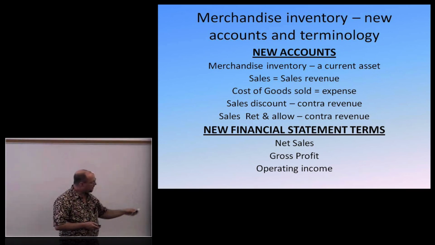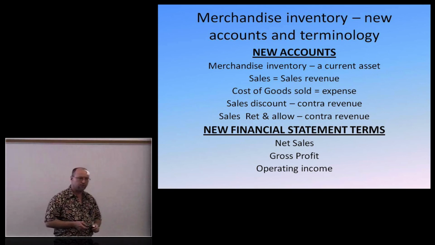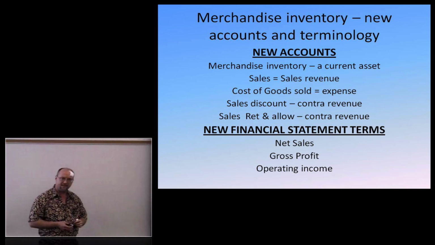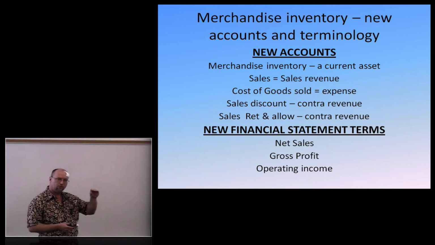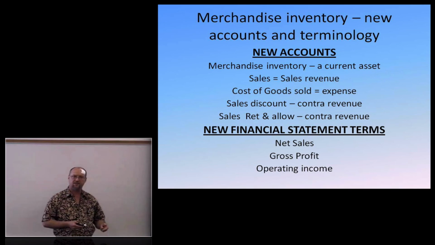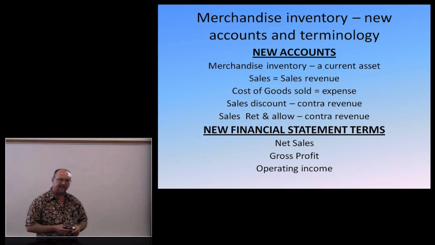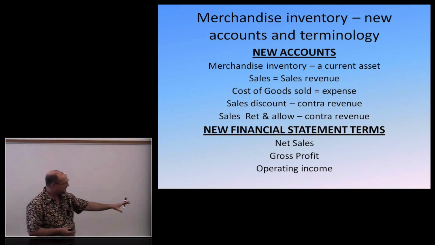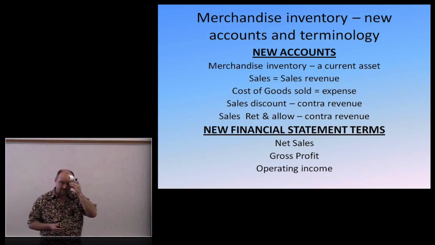Net sales minus cost of goods sold gives us gross profit. And then when we subtract from gross profit what we call our operating expenses, our selling expenses and administrative expenses, that'll give us something called operating income. We're going to see this a little bit later in today's lecture. Okay? So I just wanted to introduce these terms right now, and we'll revisit several of them a little further on in the lecture.